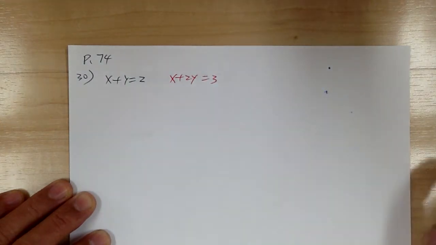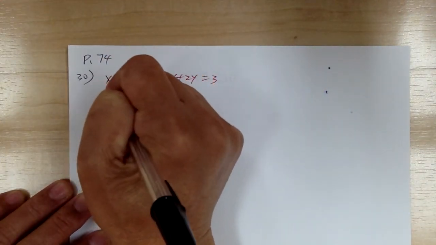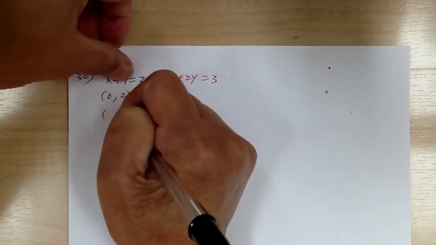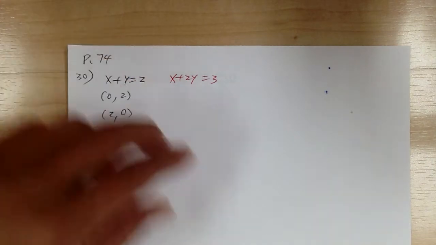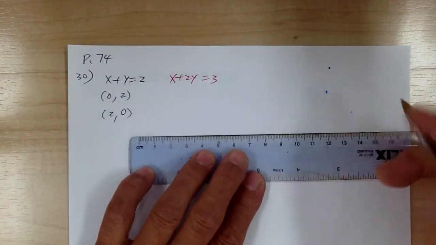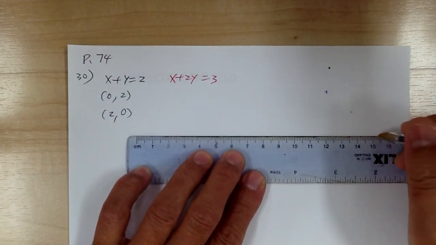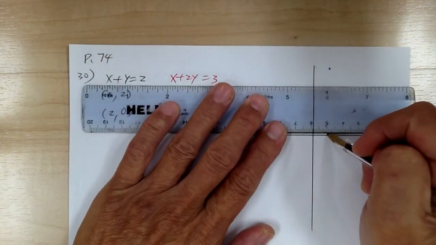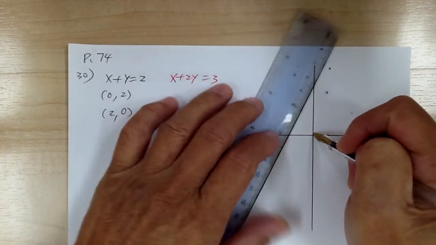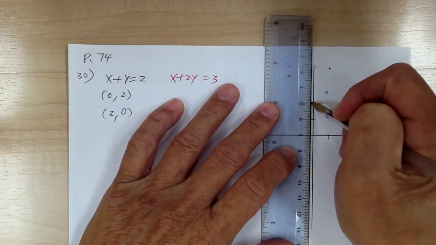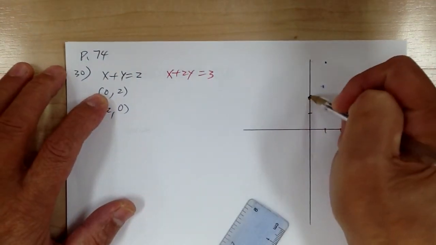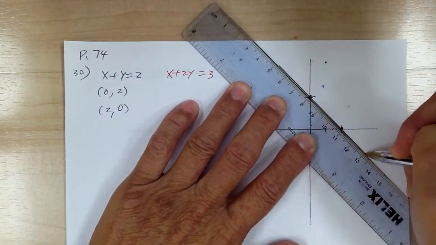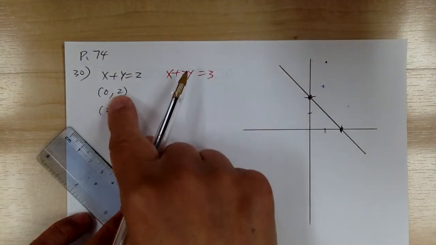So again, let's go and sketch it out. So if you let x equal to 0, then y equal to 2. If you let y equal to 0, then x equal to 2. Okay, so 0, 2, and 2, 0. Okay, so this is the black line for the black equation.